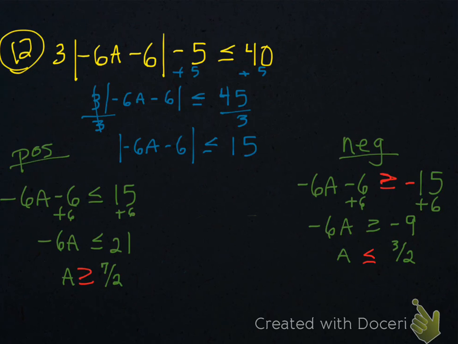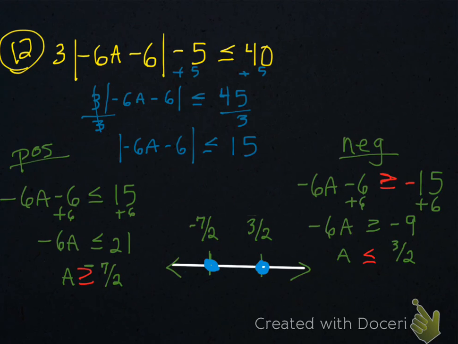I just realized I made a mistake. That 7 over 2 should be negative because I divided by negative 6. So let me redo that number line over here. So my 7 over 2 is negative. That means it's going to be on the left. 3 over 2 is on the right. And then we have our dots.